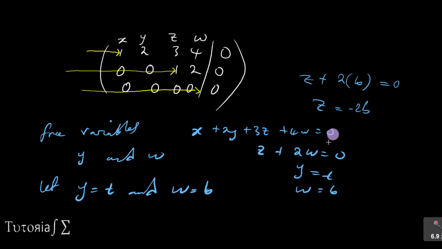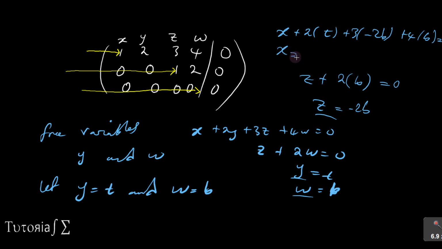Now we have z, we have y, we have w. We can find x. So we say x plus 2y, which is t, plus 3z, which is negative 2b, plus 4w, which is b, and this is equal to 0. So you just make x the subject of the formula, and that will be your answer.